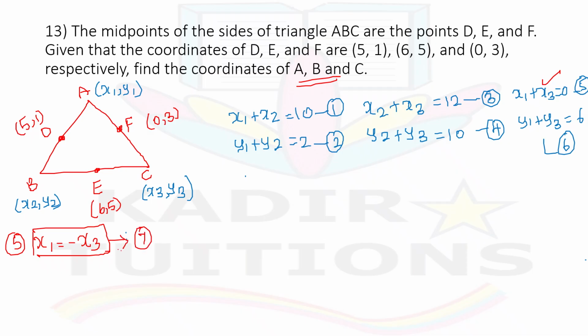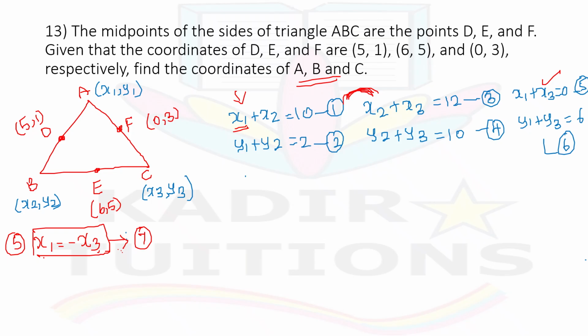If I substitute the x1 value as minus x3 in equation 1, this x1 will turn to minus x3. After that, I can compare equations 1 and 3. Then both are going to have the same x2, x3, so it will be very easy for us to do the cancellation.